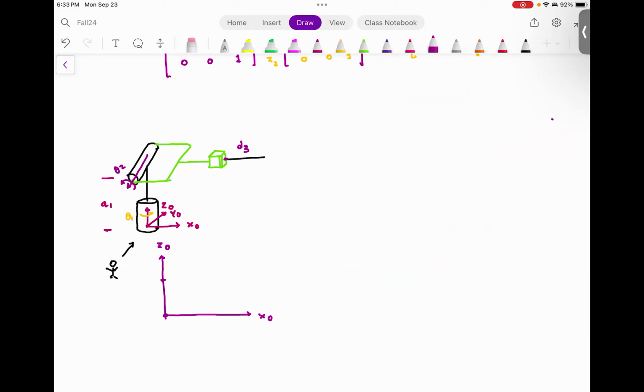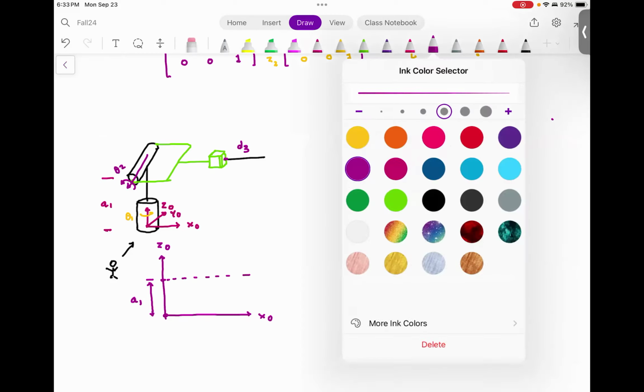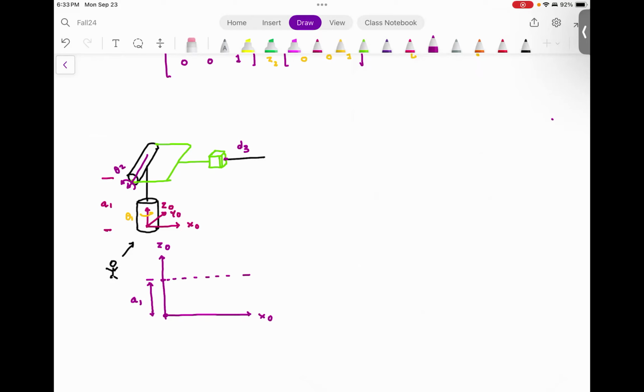The second revolute joint would be at distance A1. If it is 0, it will be like this. If it is non-zero, then maybe it would be like this. Do you agree with me? So this angle is theta 2.